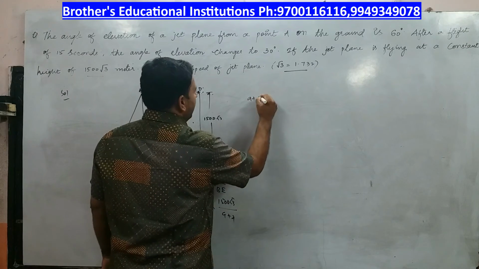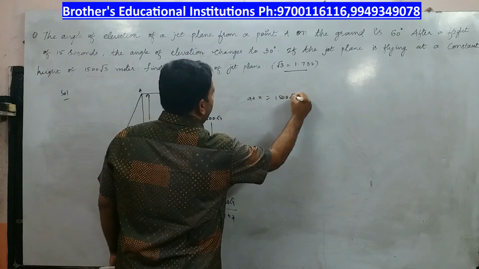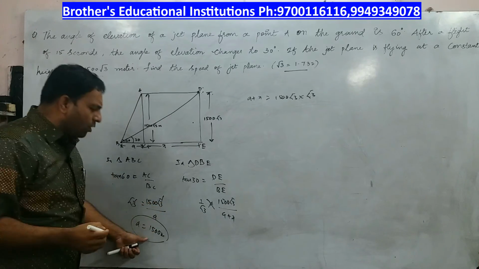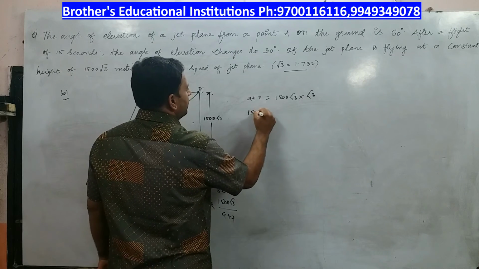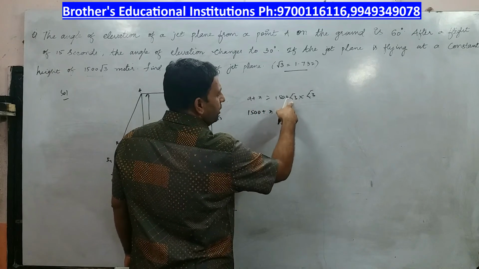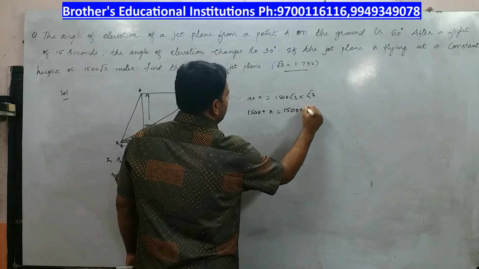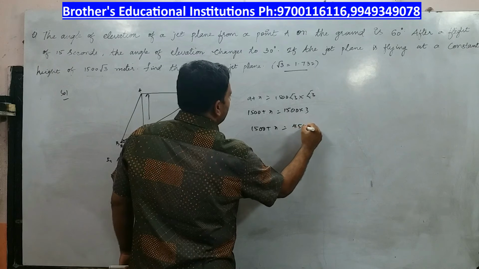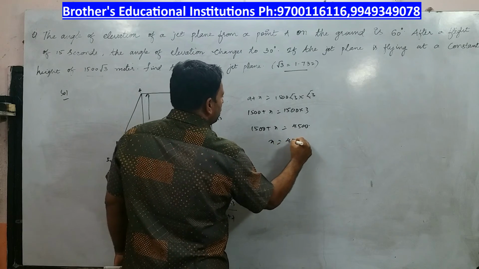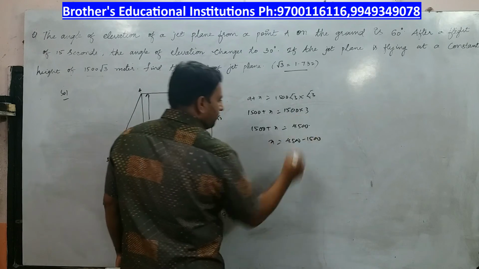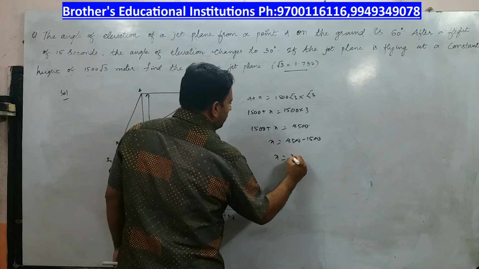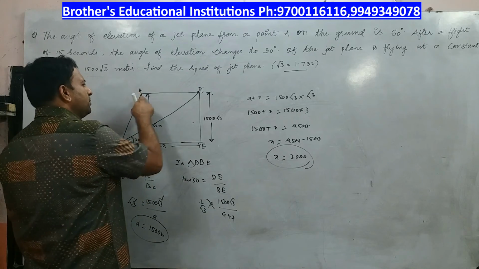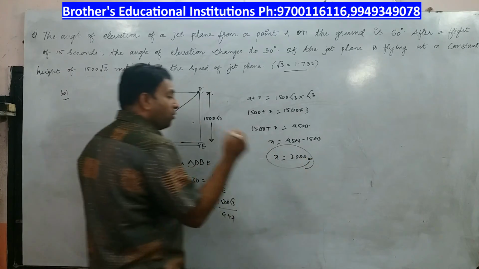You have a plus x equal to 1500 root 3 into root 3. What is the value of a you got? 1500 plus x is equal to 1500 into 3. So 1500 plus x is equal to 4500. x is equal to 4500 minus 1500. So x is equal to 3000. It means the horizontal distance traveled by the plane from this point to this point is 3000 meters. Now we got the distance.